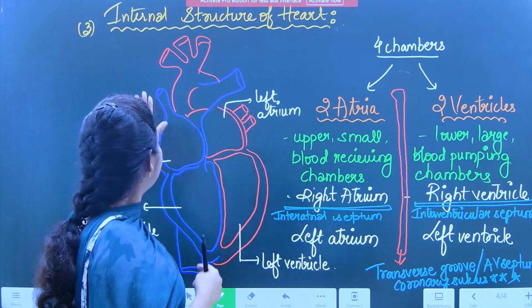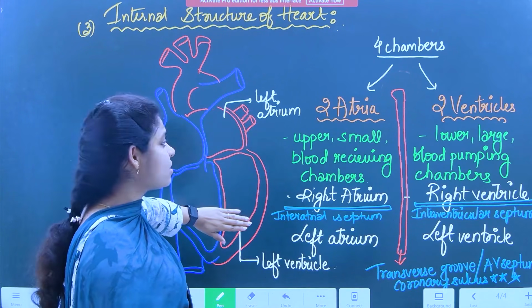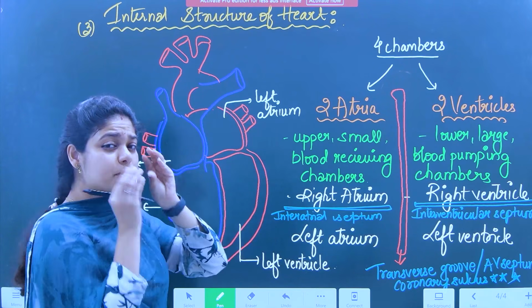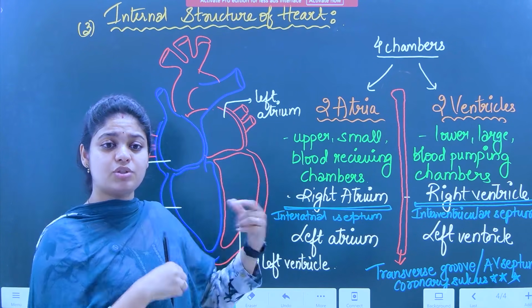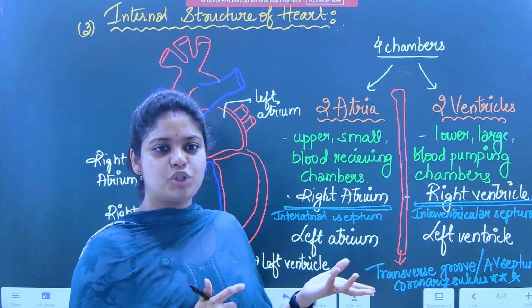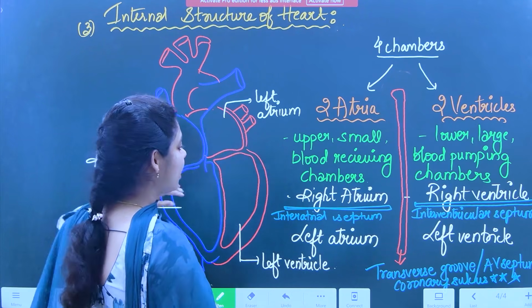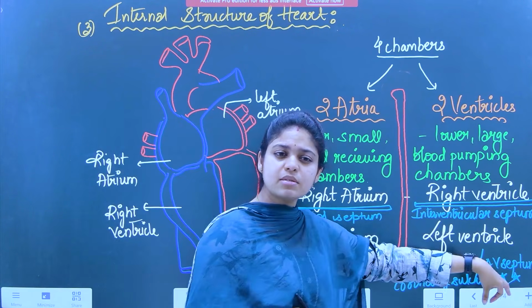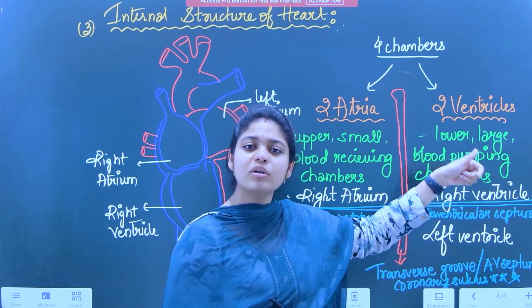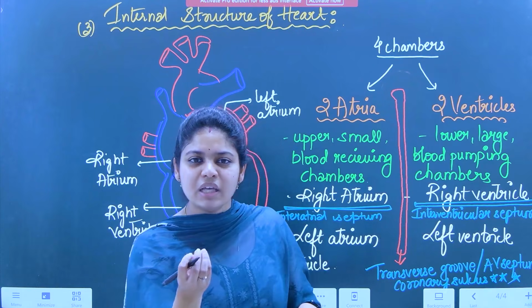Are the terms clear? Very simple. Four chambers are there. Upper chambers atria, lower chambers are called ventricles. Upper chambers are small in size, blood receiving chambers. Lower chambers are large in size, blood pumping chambers. These upper and lower chambers are separated by a transverse groove or AV septum or coronary sulcus. Three names, same thing, like nicknames.